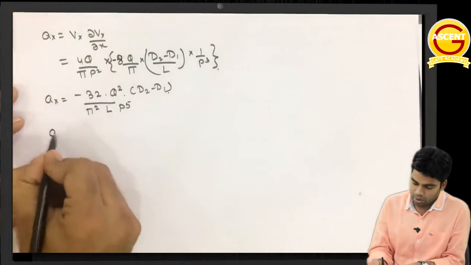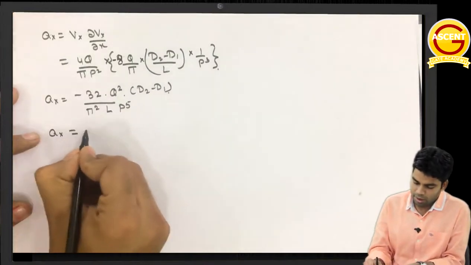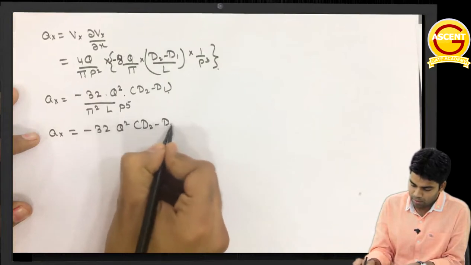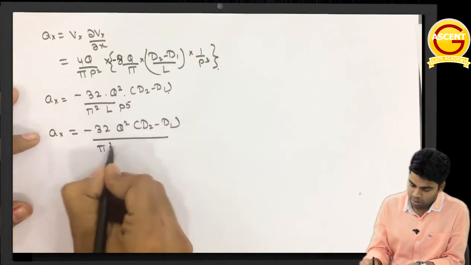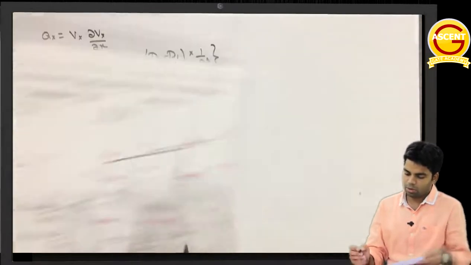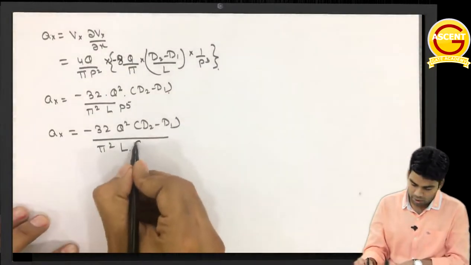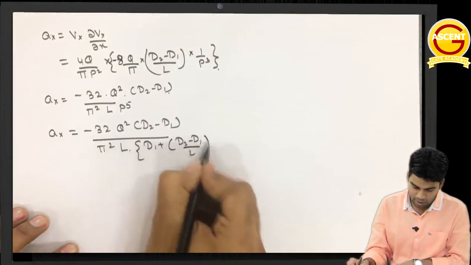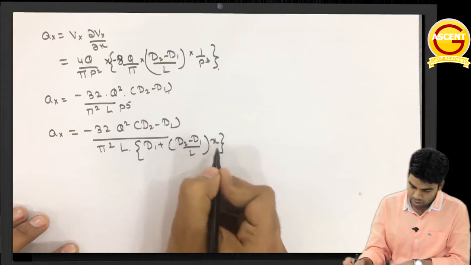Getting this? Or you can say just put the value of p now. So Ax is equal to minus 32 Q square into (d2 minus d1) divided by pi square L into, what was the value of p? This is p, which is d1 plus (d2 minus d1) by L into x, to the power 5.